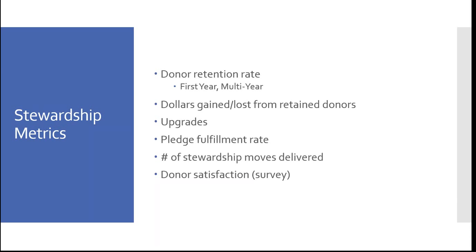So things like number of stewardship moves delivered, where you're not just looking at results, but you're measuring your process and setting some goals, some benchmarks for your team around how many moves you're going to deliver. And then finally, looking at something qualitative like donor satisfaction, sending out a survey 2 or 3 times a year to donors to gauge qualitatively what their satisfaction level is.